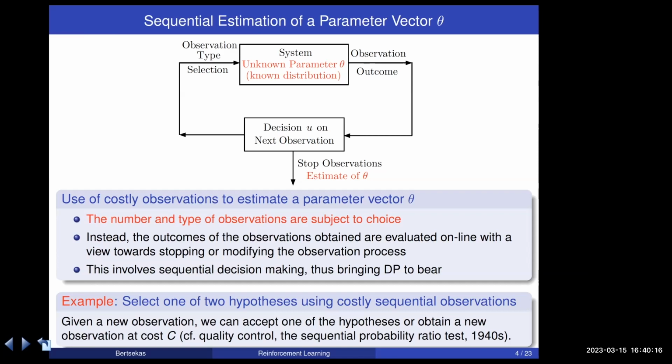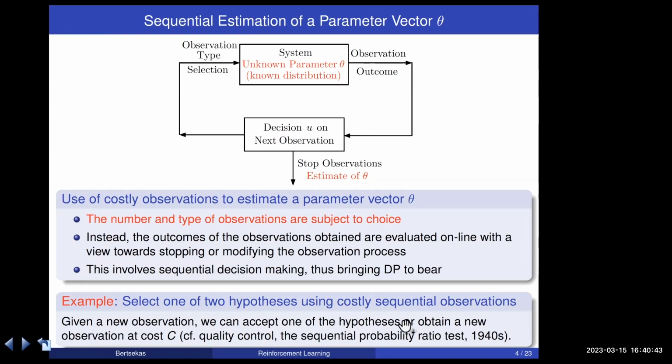And this was investigated in the 40s. And it was addressed by dynamic programming. Mind you, dynamic programming before the time of Bellman, okay? Dynamic programming goes way back. And there's a famous test that they came up with based on the dynamic programming formulation, the so-called sequential probability ratio test, which says roughly the following.